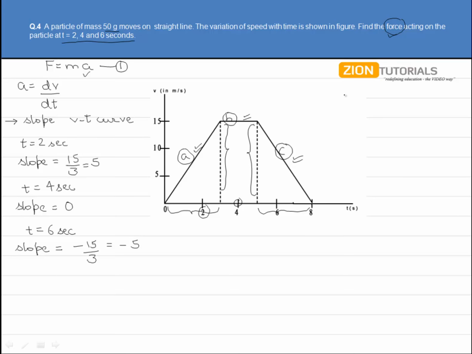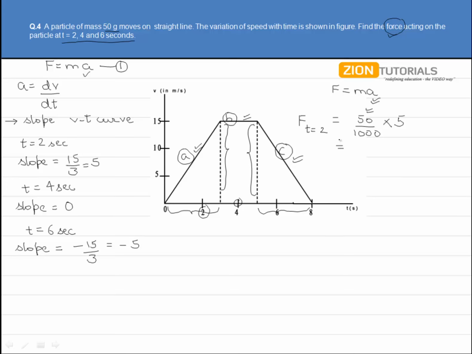So, from here we know that force is equal to mass into acceleration, and we have managed to find the acceleration. So, finding the force at t equals 2 is equal to mass, that is 50 by 1000. Make sure you have converted this into SI units. That is why we have divided it by 1000, into 5, that is the acceleration at time t equals 2.